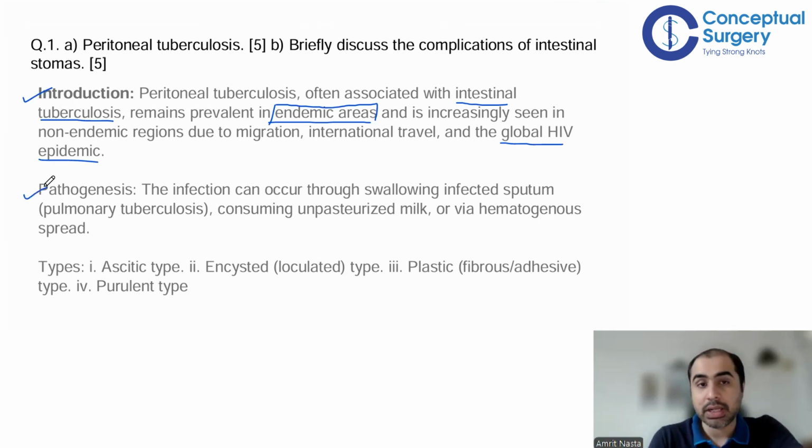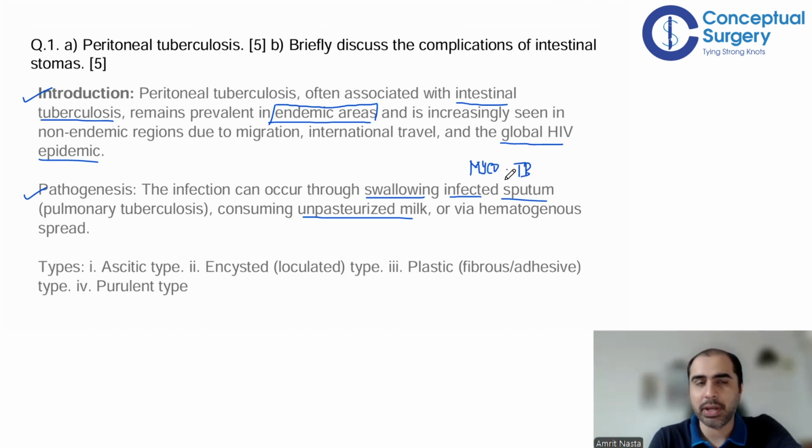Now, how does it reach the intestine, or how does it reach the peritoneum? Normally, it will reach the GIT from a primary in the lung because of swallowing of sputum. So the primary in the lung gets reactivated when the immunity falls, and you may end up swallowing the sputum. Or consumption of unpasteurized milk may give you Mycobacterium bovis, but usually it will be sputum of Mycobacterium tuberculosis from a lung primary.